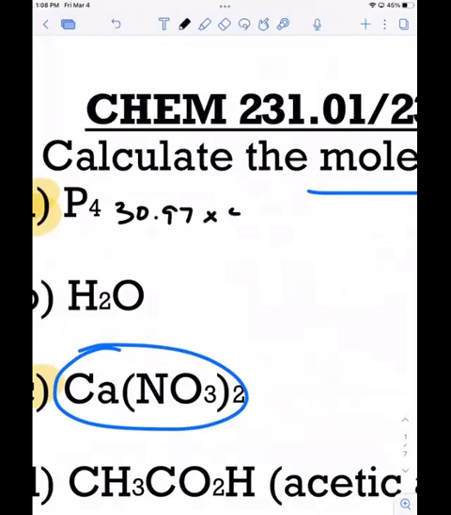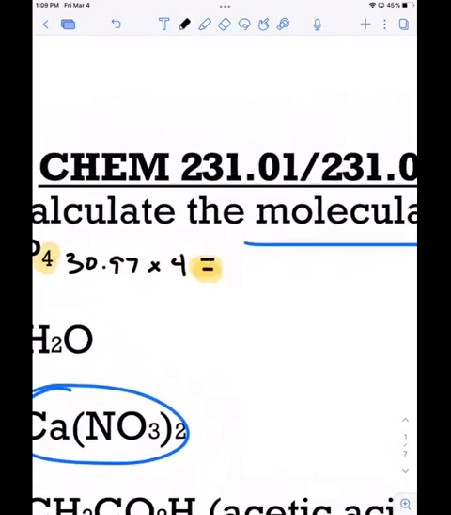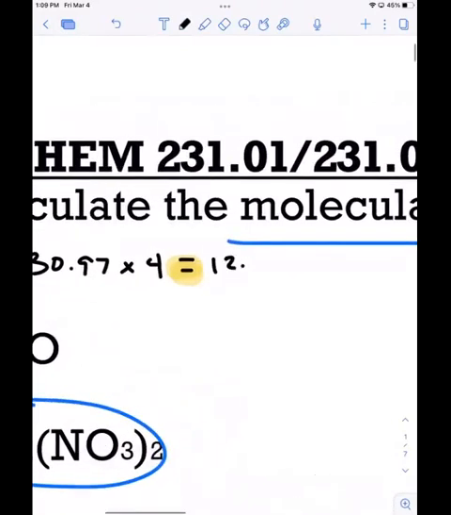And this will be times 4, right? Because there are 4 atoms here. So when we do this, calculate that real quick. What is that? 124, somewhere up in there. 123.88 grams per mole. All right.